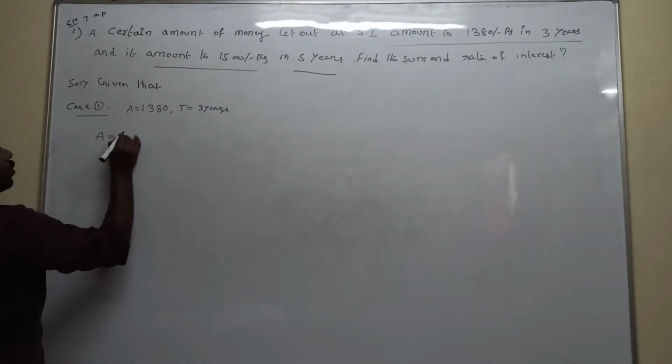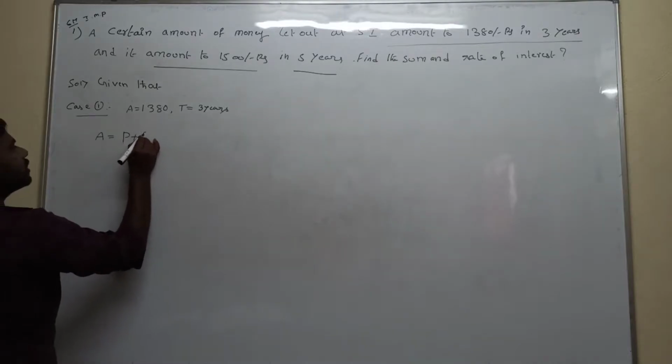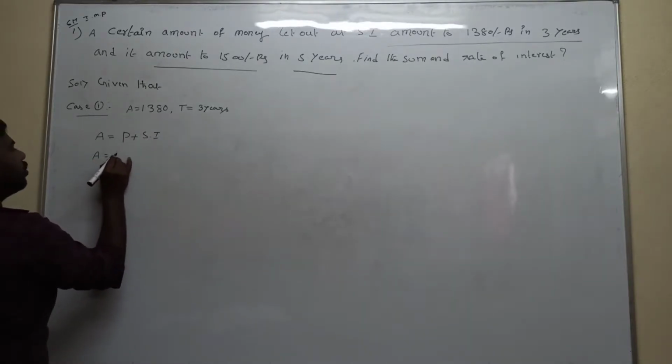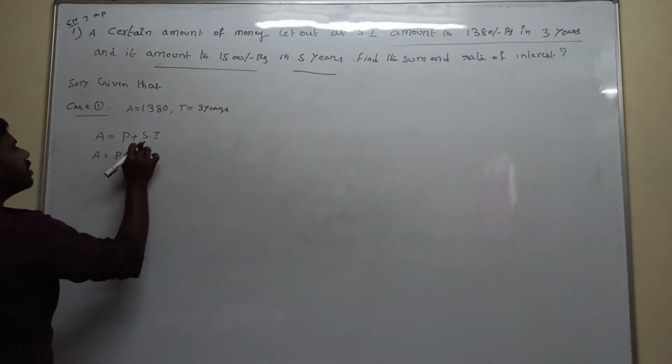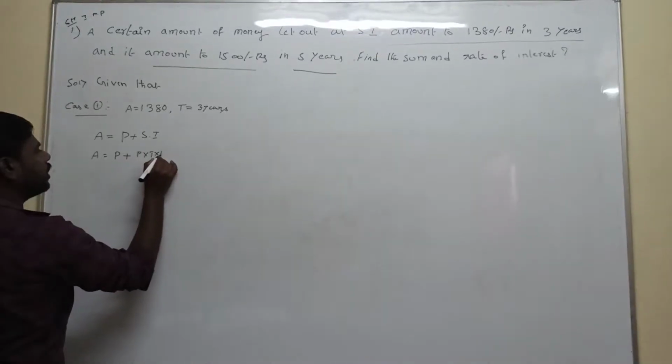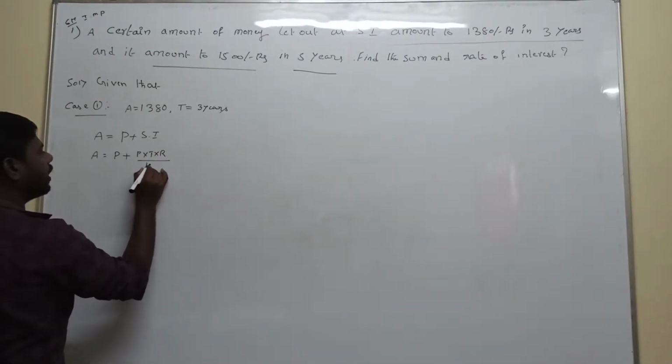So now we apply the total amount formula. Capital A is equal to P plus simple interest, and the simple interest formula is P into T into R by 100.